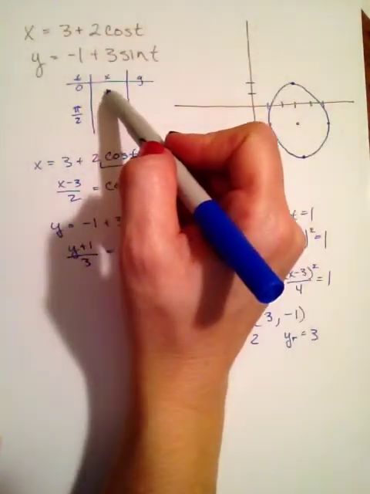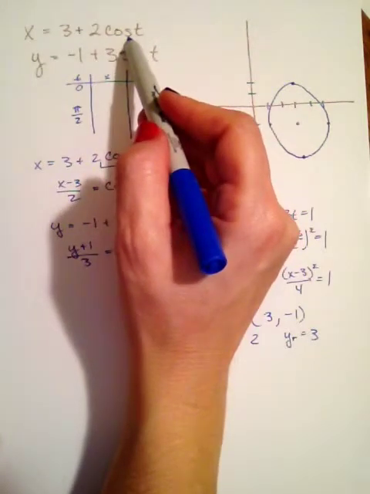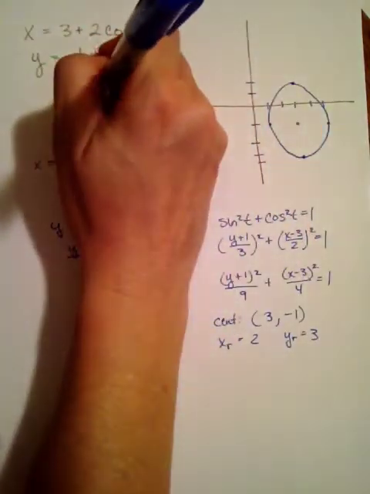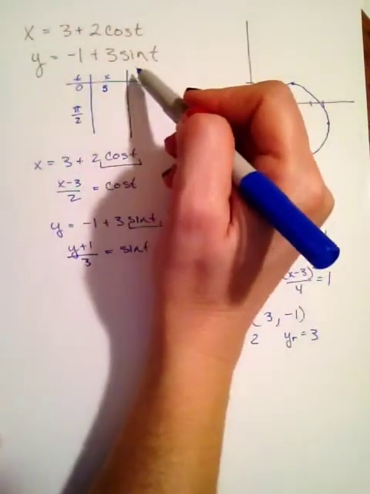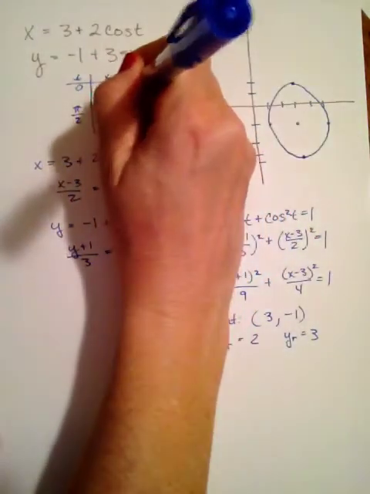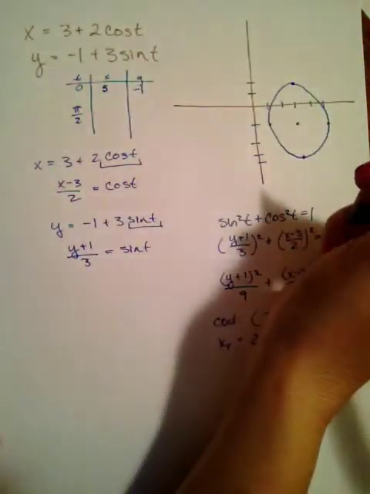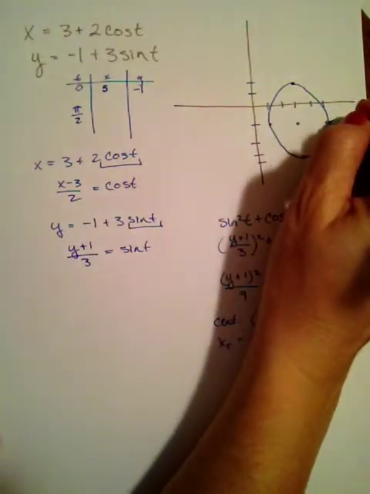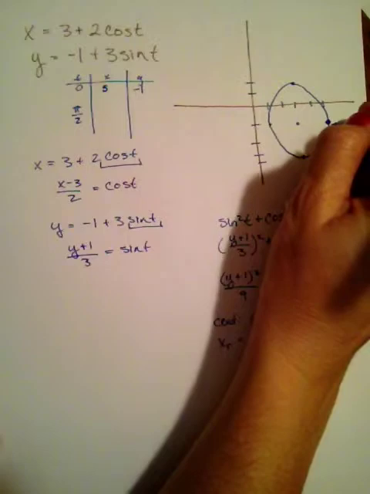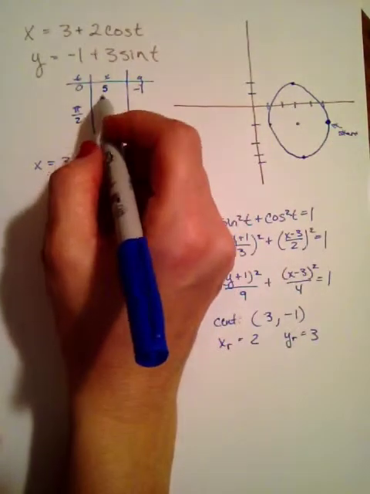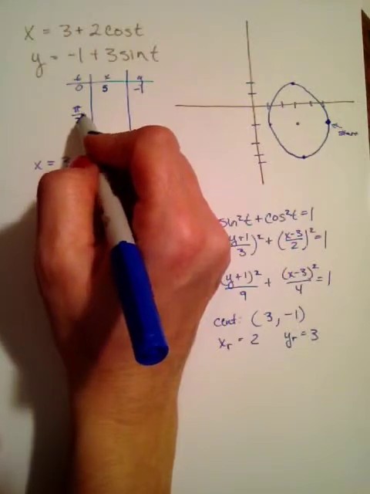So if t equals 0, I know that cosine of 0 is 1, times 2 is 2, plus 3 is 5. At 0, sine is 0, so that just gives us a y value of negative 1. So we're at 5, negative 1, right here. This is my start. For my next point, I'm choosing t equals pi over 2.